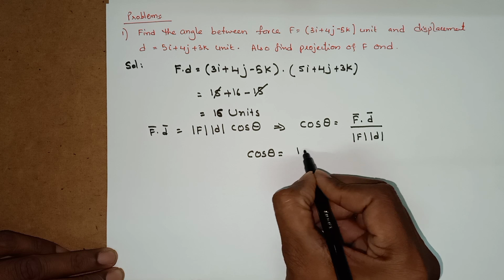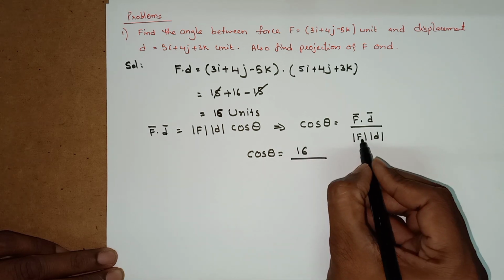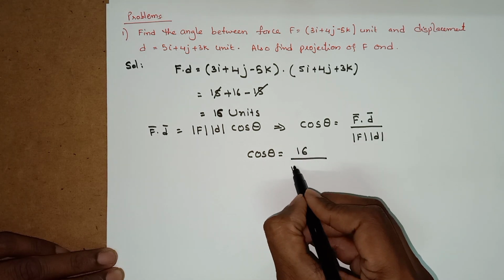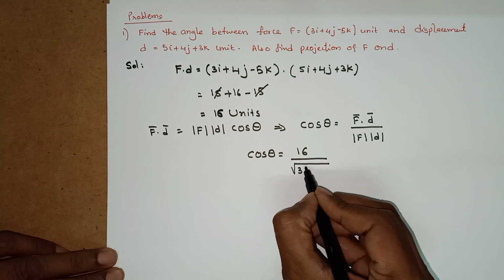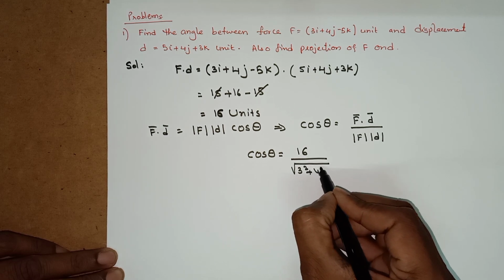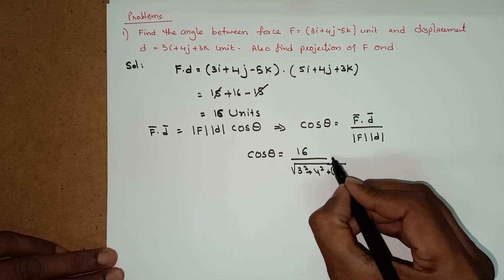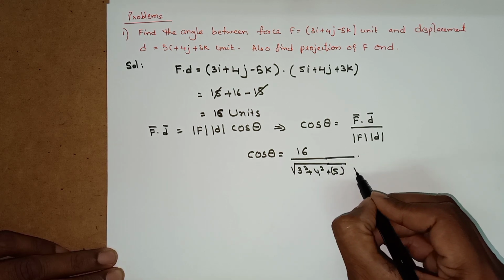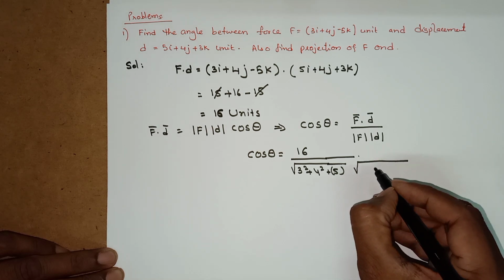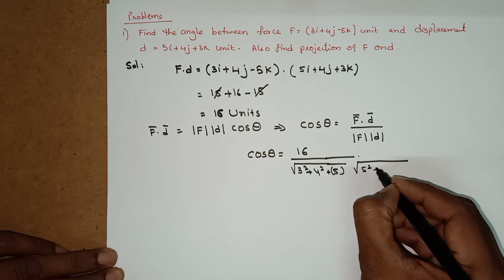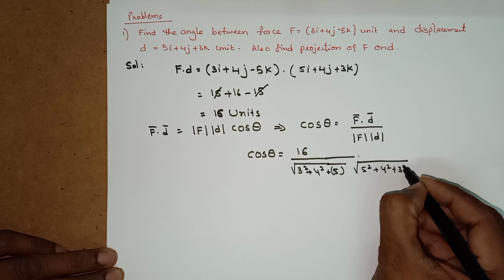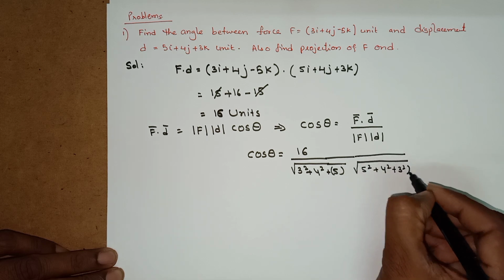Cos theta is equal to 16 by, how to calculate mod F? This is under root 3 square plus 4 square plus 5 square, by mod D, under root of 5 square plus 4 square plus 3 square.